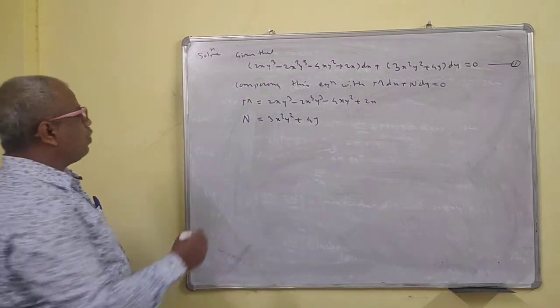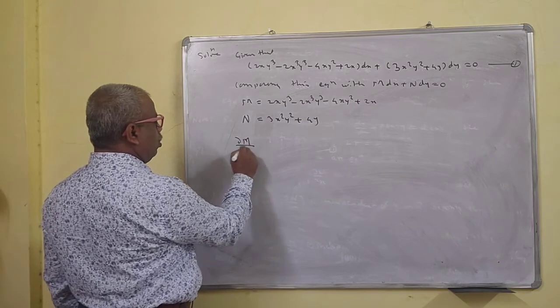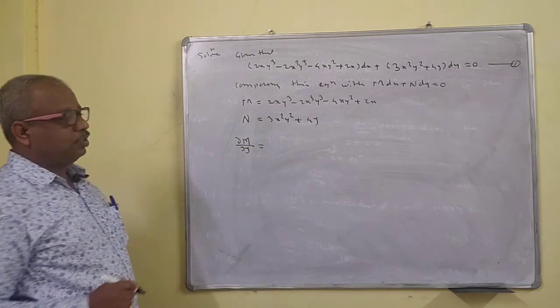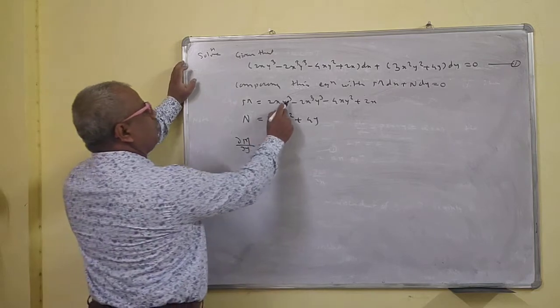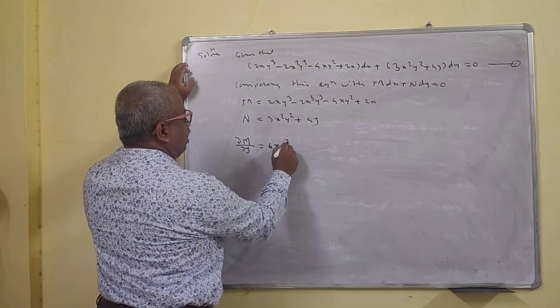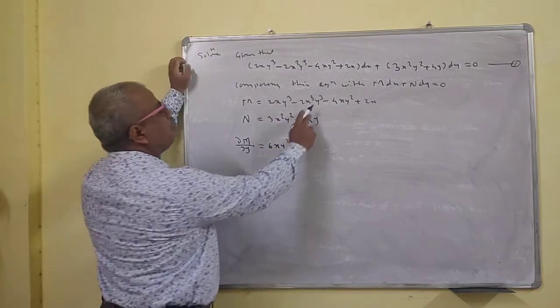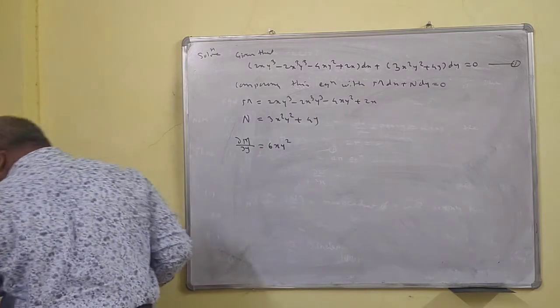Now we find dou M by dou y. Dou M by dou y is 6xy squared, and so on.